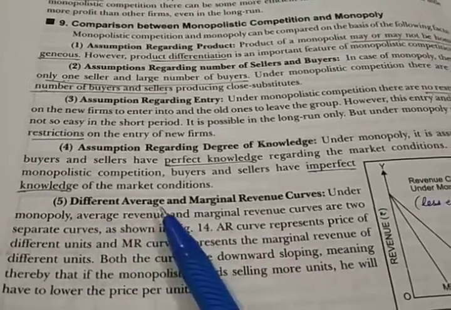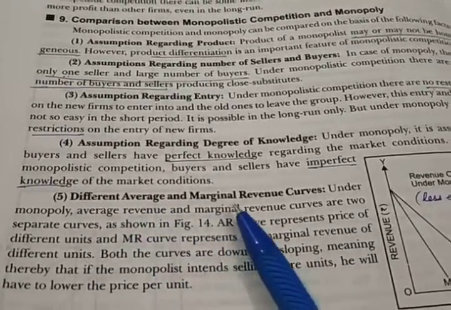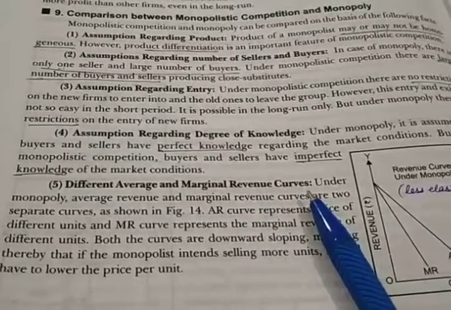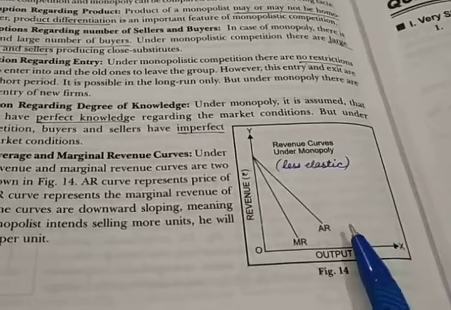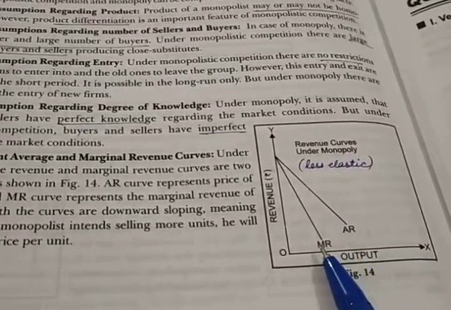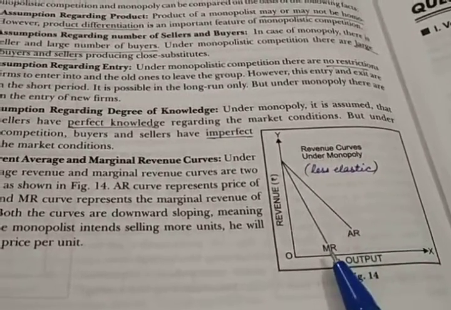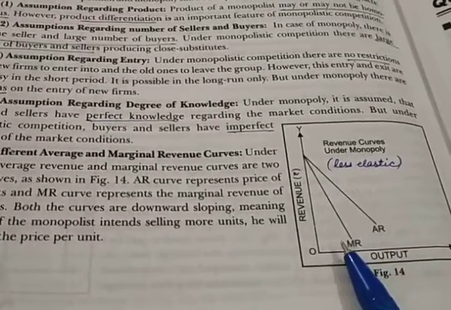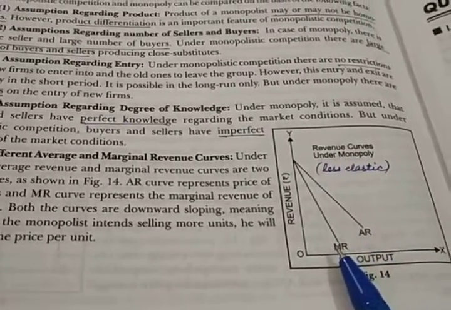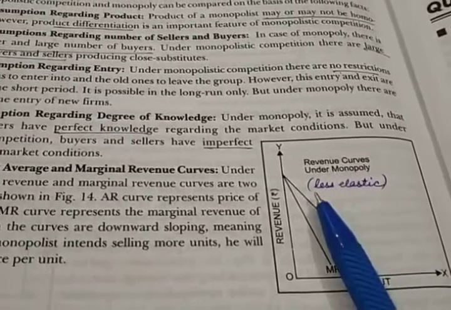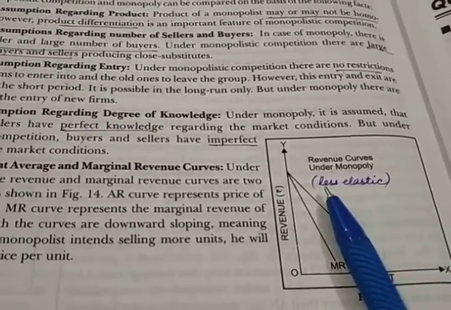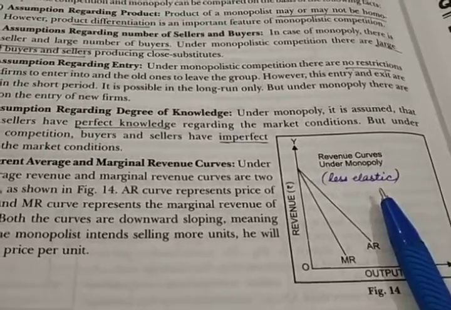Then different average and marginal revenue curves. In the market of monopoly, we can see that the AR and MR curves are separate curves, they are downward sloping curves. The MR curve lies below the AR curve, and a special feature about these curves is that in this market, these curves are less elastic.